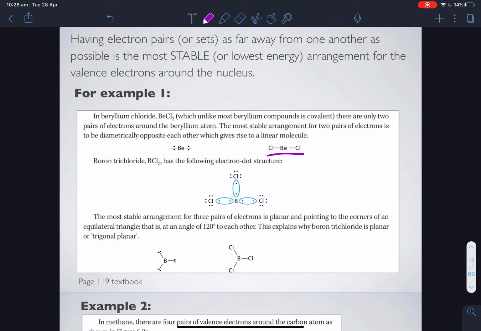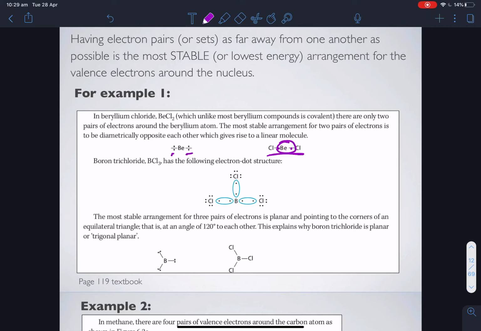I know here, and we haven't really discussed it, beryllium's still happy here with its 4 electrons, because it will just fill up the s orbitals. So with beryllium and boron, they don't have to fill up their full octet. They can just fill up some s orbitals or p orbitals. They're a bit weird. So beryllium chloride has 2 bonding regions and 2 actual bonds, so it's a linear molecule.